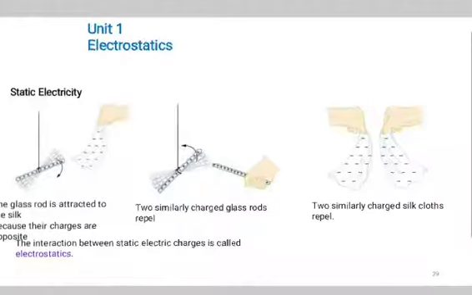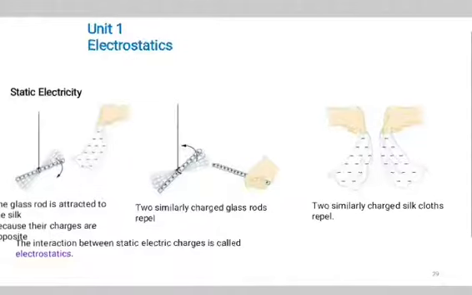So next point is static electricity. In the first diagram, the glass rod is attracted to the silk because their charges are opposite.